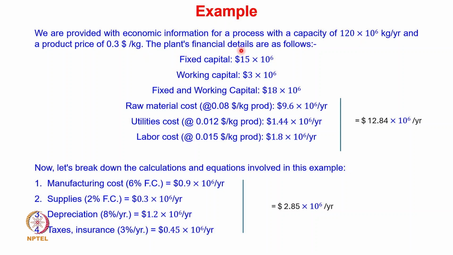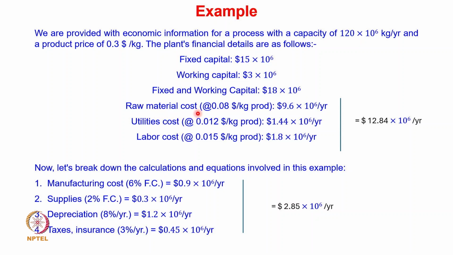The plant's financial details are given here. The fixed capital cost is 15 x 10^6 dollars. Working capital is 3 x 10^6 dollars, and fixed and working capital will be the total of these two, so 15 plus 3, that is 18 x 10^6 dollars.